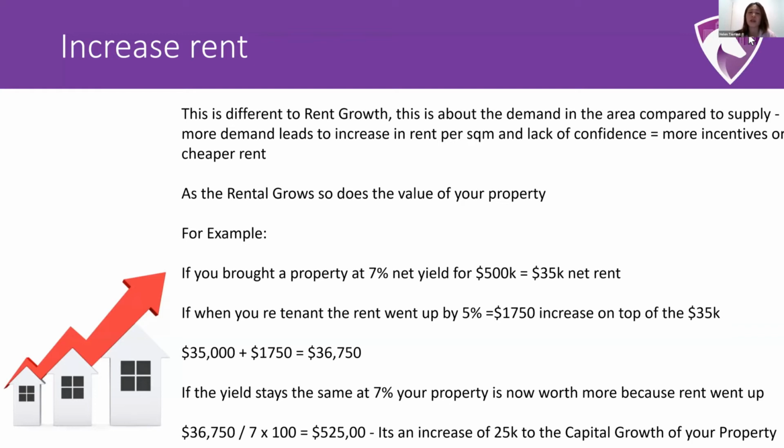Now, because you've had the increase in rent, that automatically increases the capital value of your property. So that flows through to $25,000. Now, if you look at $25,000 against $500,000, you'll realize that is actually a 5% growth on your property.